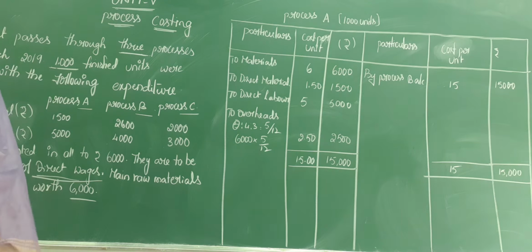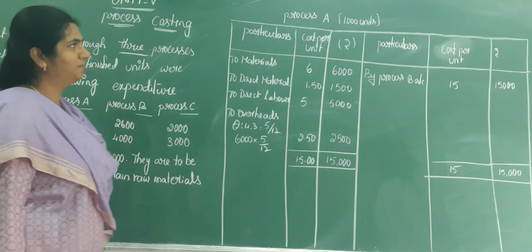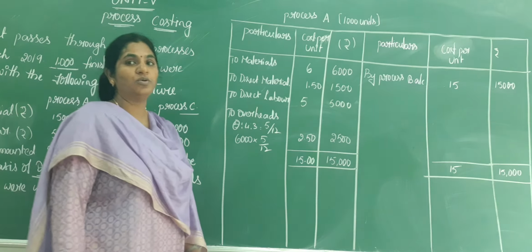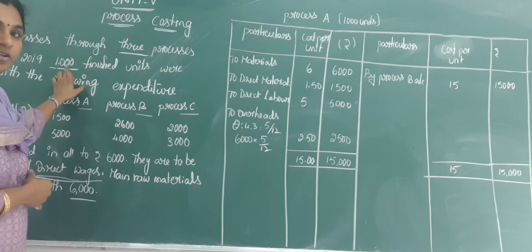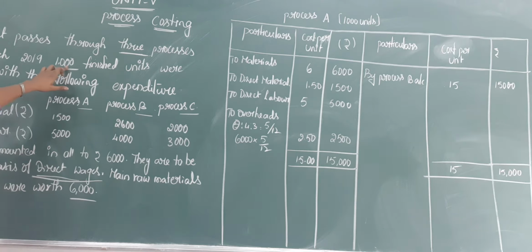Okay students, now let us focus on the solution. We have prepared process A. In the problem they have clearly stated that 1000 units are finished.